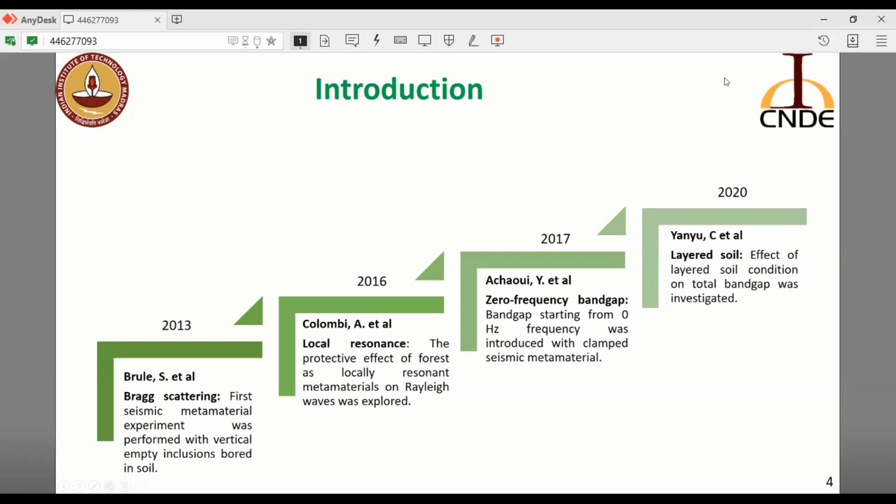Later on, a few researchers have done studies on layered soil. Earlier, all studies were based on homogeneous soil, which is not practically possible. And they have studied the effect of layered soil on band gap.